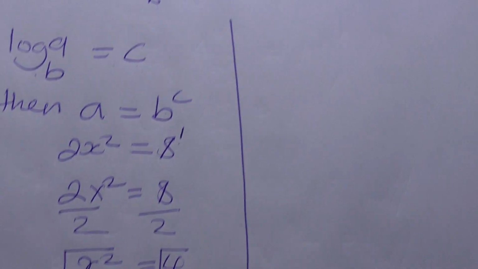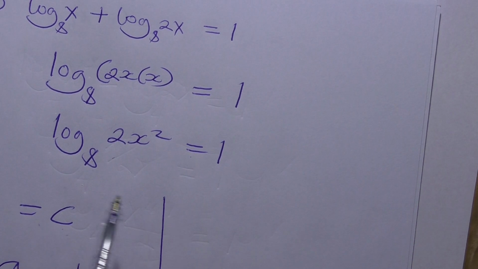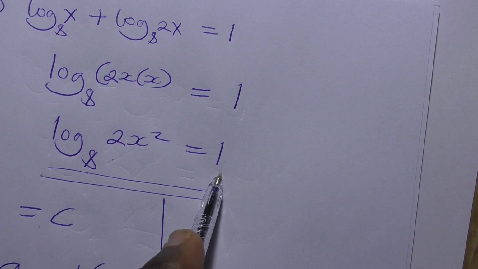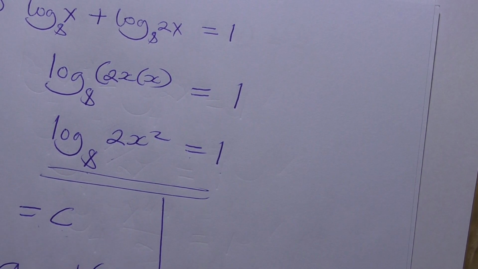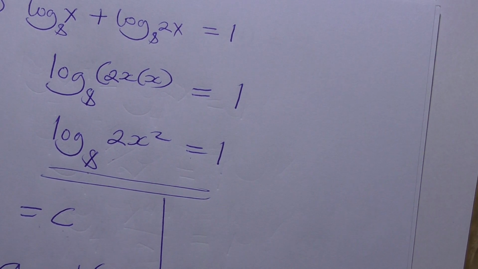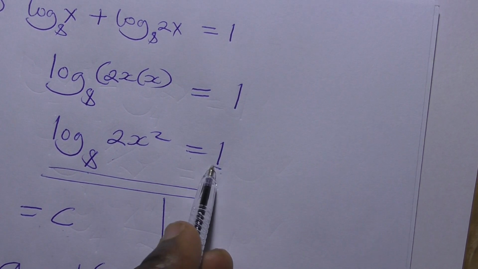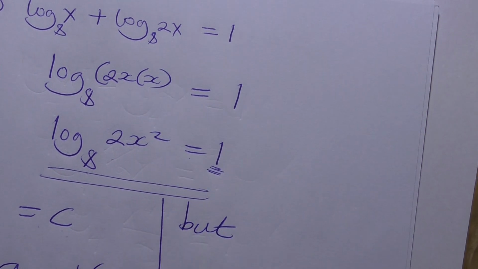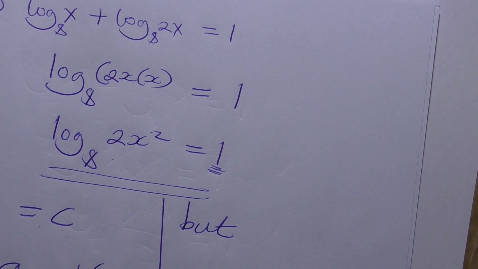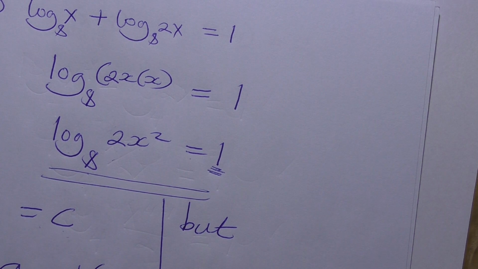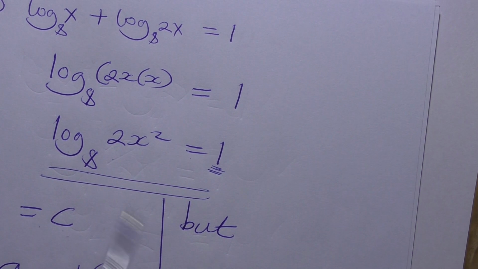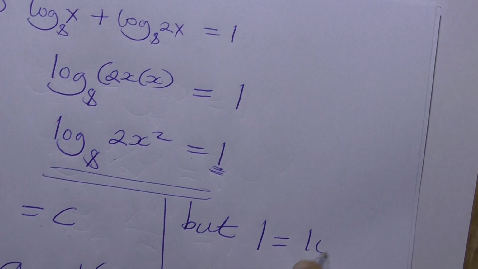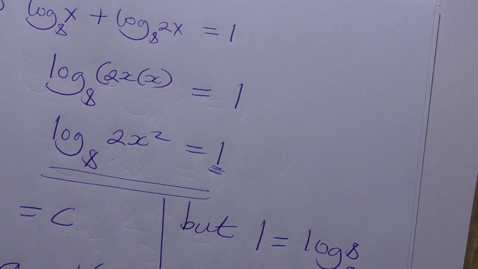The other alternative could be, we come back, remember our last step is log 8 power 2x squared equaling 1. We have so far looked at one way of how we solve for x in this case. The other way could be, we can change the 1. Remember, we have a law which says that if the base is the same as the power, then that log equals 1. And we see our base is 8. Therefore, this 1 is the same as log 8 power 8.